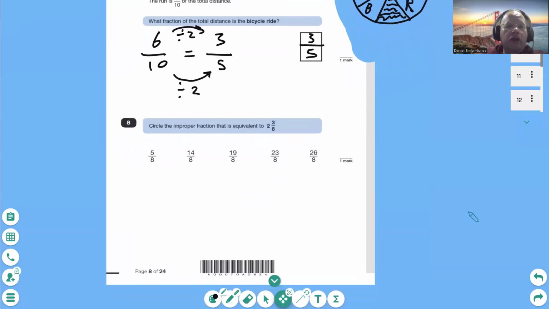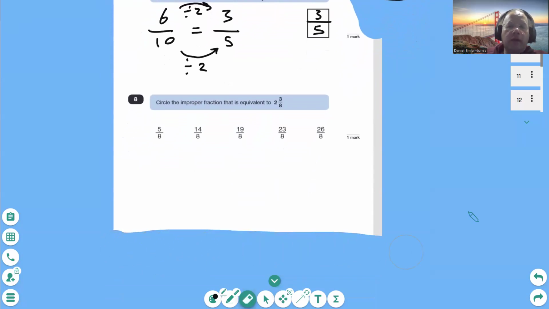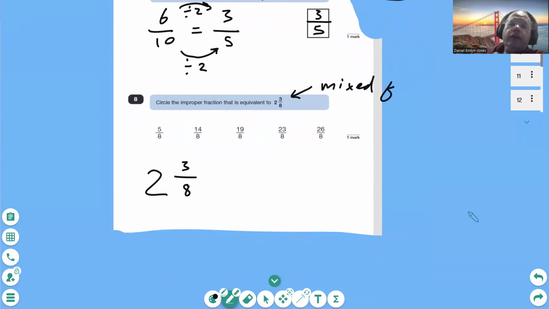Okay, circle the improper fraction that is equivalent to 2 and 3/8. Well, 2 and 3/8. If you're converting, so you've got all these improper fractions. The problem at the moment is you can't really compare it because this is a mixed number, isn't it? It's not an improper fraction. Mixed fraction. Mixed number.